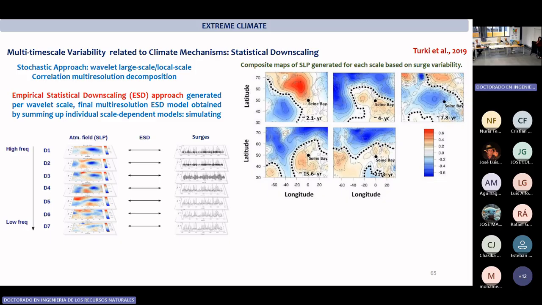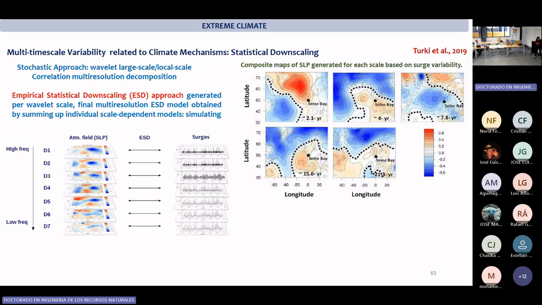You see the distribution of colors. I try to be very simple and fast. You see the distribution of colors between the red and blue ones. We have different components, and each component is one scale: 2.1 years, 4 years, 7.8, 15.6, and 21.3.